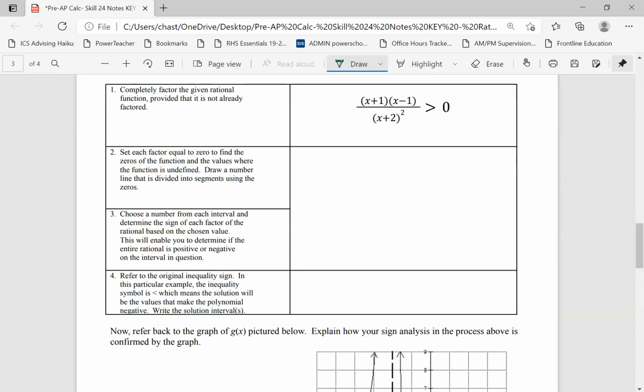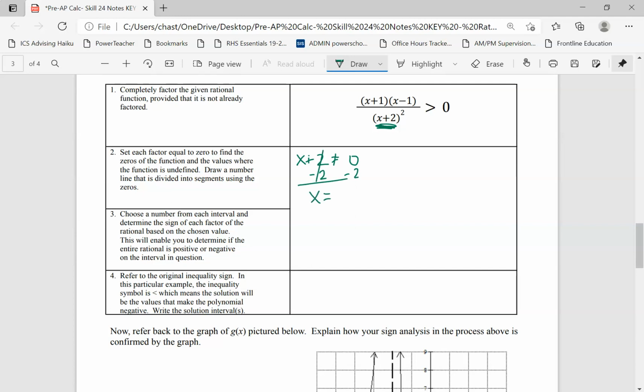Notice this time the function is completely factored. So what we're going to do is first observe, oh, we do not have any holes, so no holes. But we know that this x plus 2 can never be equal to 0. Oh, I wrote -0.